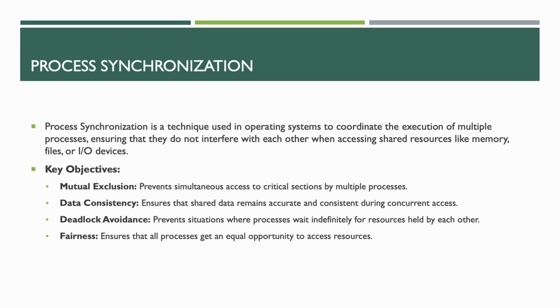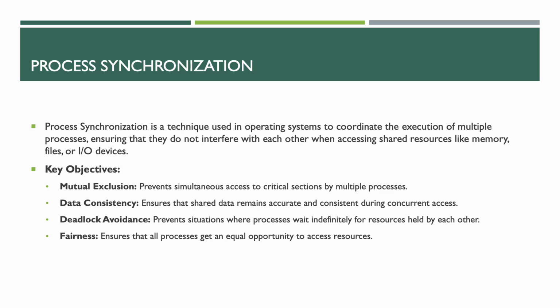Okay. Now, in a multiprocessing environment, multiple processes often need to access shared resources such as memory, files, or I/O devices. Without proper coordination, these processes can interfere with each other, leading to data corruption, race conditions, and system inefficiencies. This is where process synchronization comes into play.